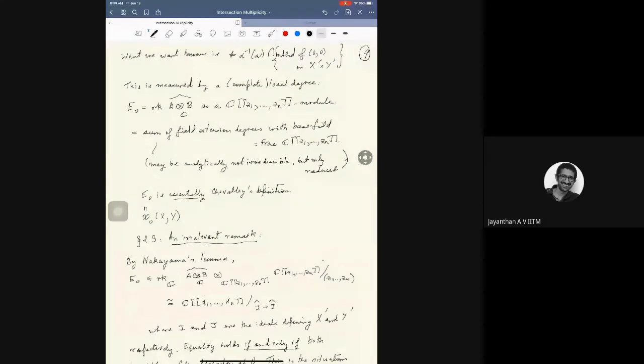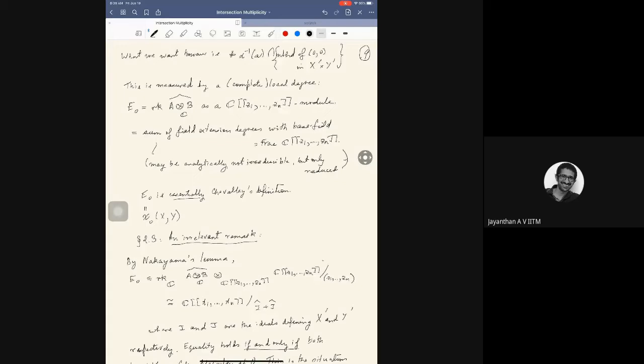It's sort of irrelevant that A hat, B hat actually may not be integral domains, but they are always irreducible, because there could be several branches passing through each of those varieties. Okay.